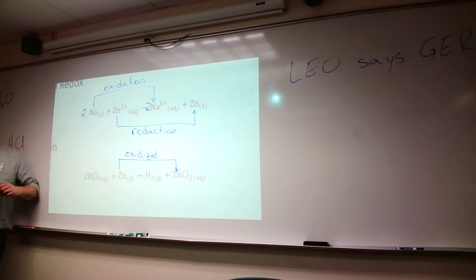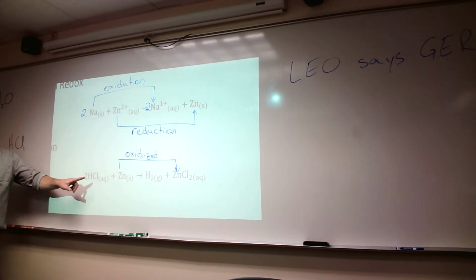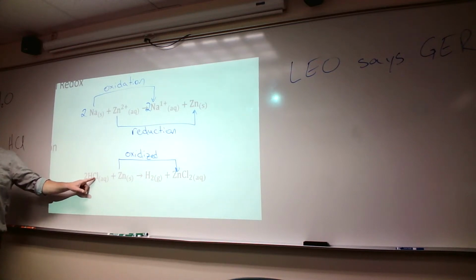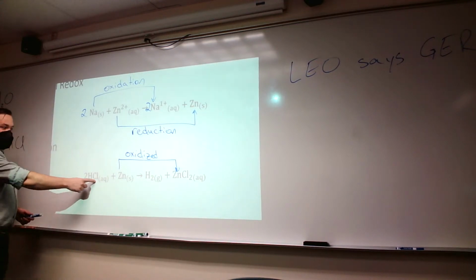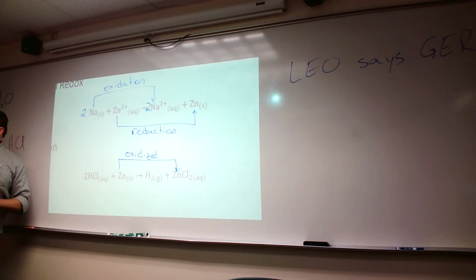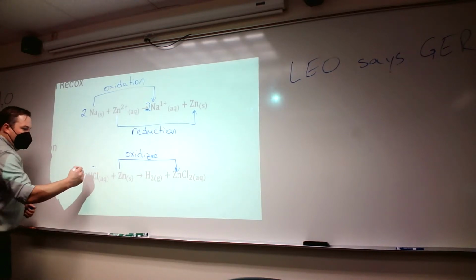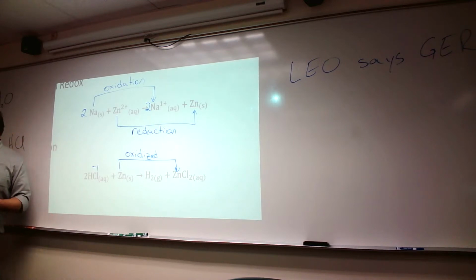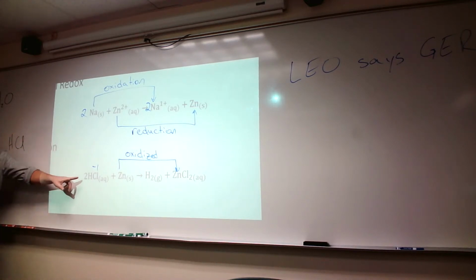So what's being reduced? Hydrogen? It's not really though. What's the charge on the chlorine here? Let's treat this like it's an ionic compound. It's an acid, but let's treat it like an ionic compound. The whole thing is neutral, but what's the charge on the chlorine? Negative 1.